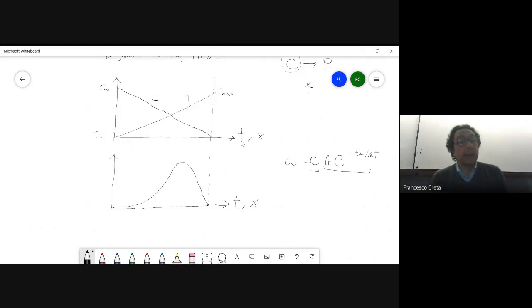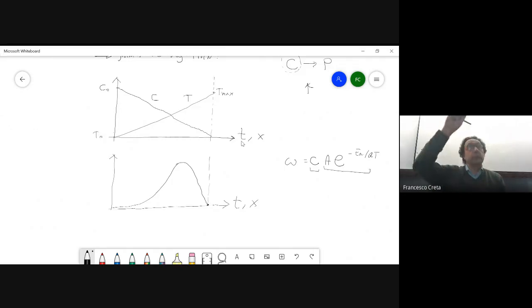So this is what you have, for example, in terms of the evolution of a species when you react in a reactor. It's what you can see by monitoring along a flame. You can see the reaction rate, for example.